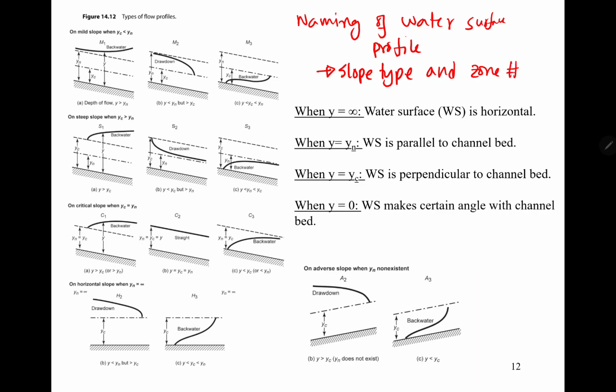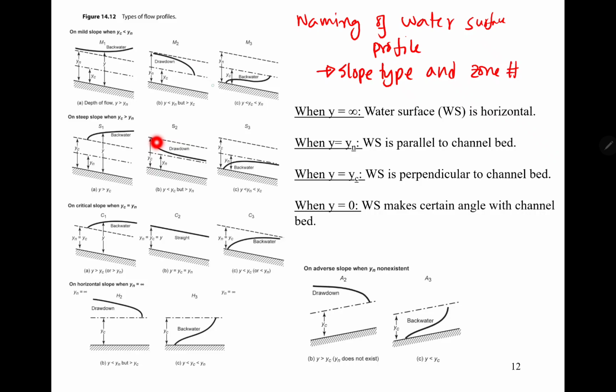Suppose we are trying to find the water surface profile for mild slope for zone 1, that will be m1. Similarly for zone 2 mild slope, m2, m3. For steep slope it will be s1, s2, s3. For critical, c1, c2, c3. For horizontal, there is no h1, so h2, h3. And for adverse, a2, a3. We'll discuss why there is no h1 and a1.